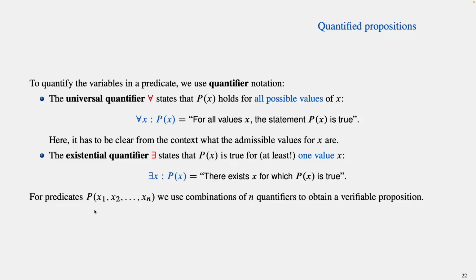And predicates can have more than one variable on which they depend, and if our predicate depends on n variables, x1 to xn, then we have to use n quantifiers, one for each variable, to obtain a verifiable proposition.